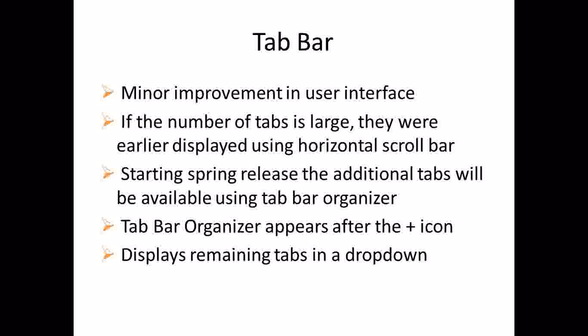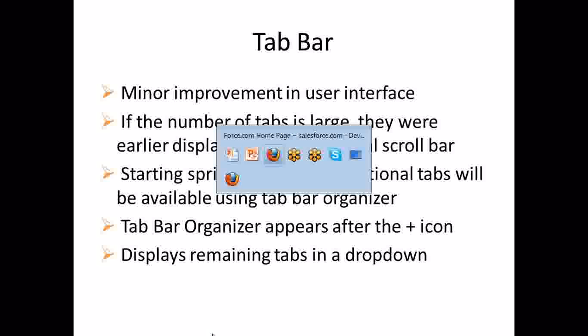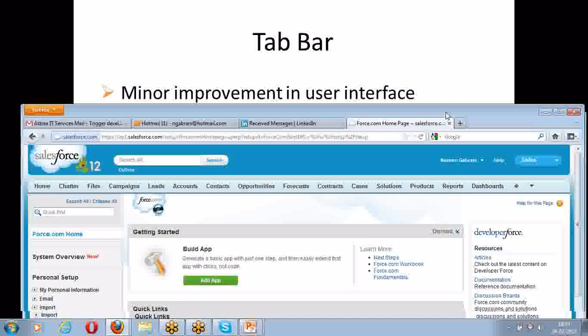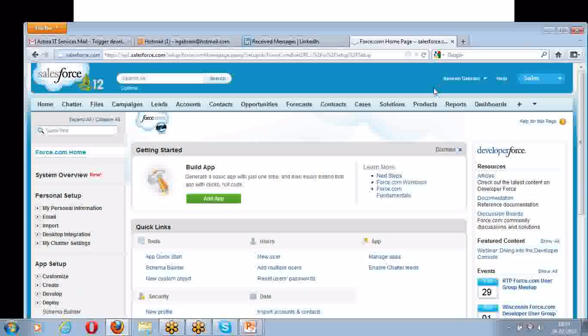There's a feature called the tab bar. This is a minor user interface enhancement. I'll just show it in a demo. This arrow here is used to indicate that we have more tabs than can be displayed on this screen.